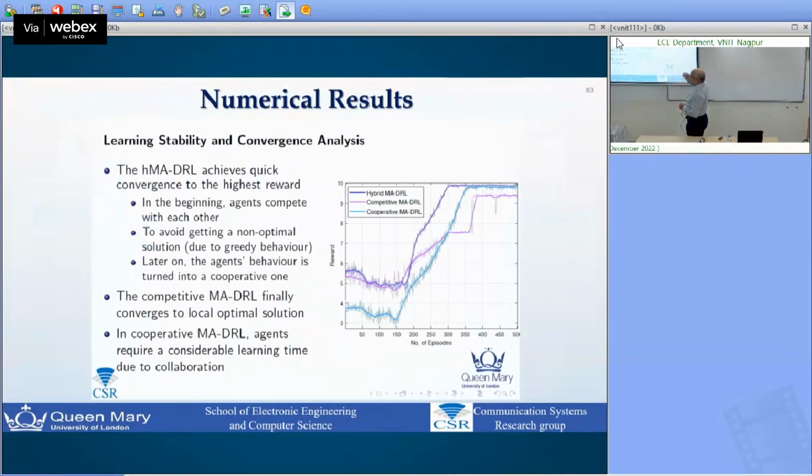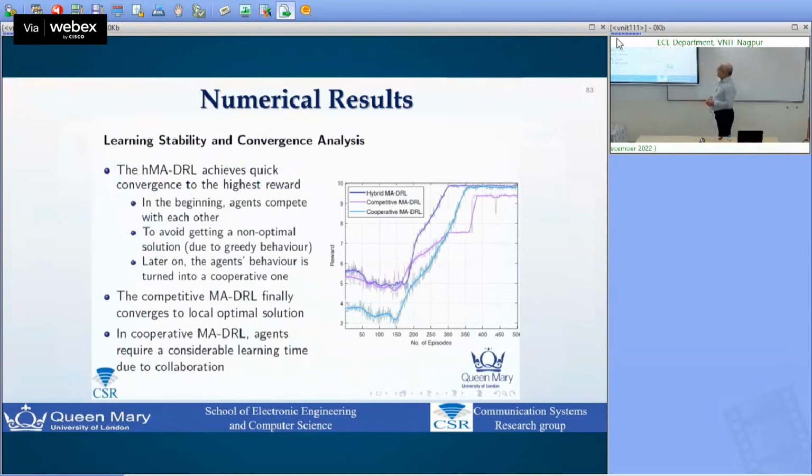So the competitive one initially moves faster, but the final reward is lower than the cooperative or hybrid.